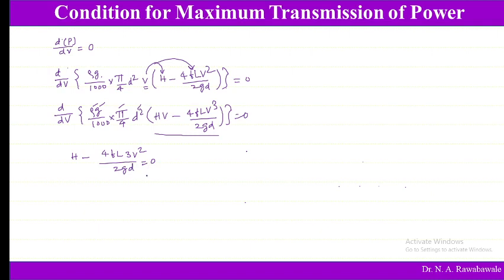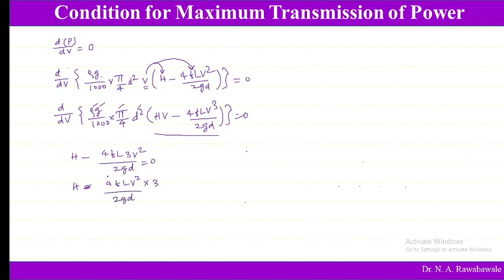So we can transfer this: h equals 4fl into v² into 3 divided by 2gd.